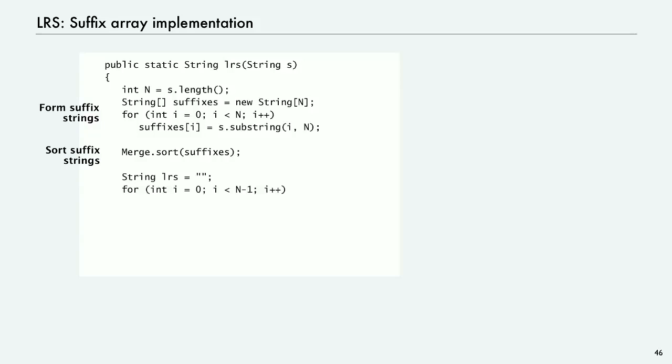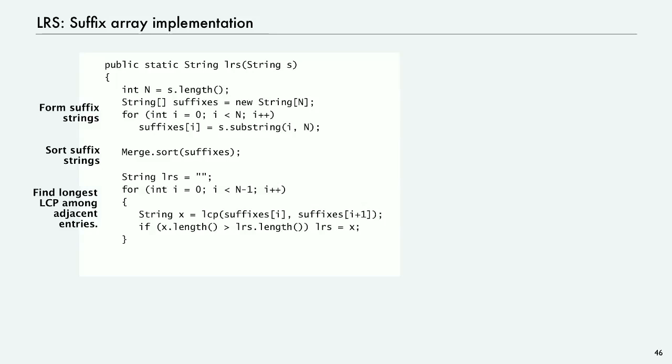Then, same as before, except now we just look at adjacent positions. We pull out the longest common prefix, put that in string x, check if it's longer than the longest we've seen so far, and set it as before. We find the longest common prefix among adjacent entries, and that's the implementation of longest repeated subsequence.